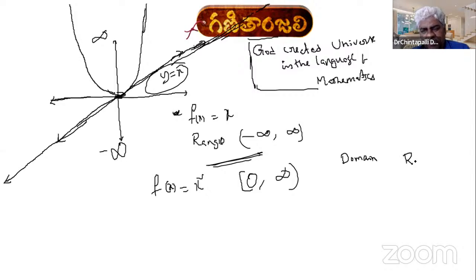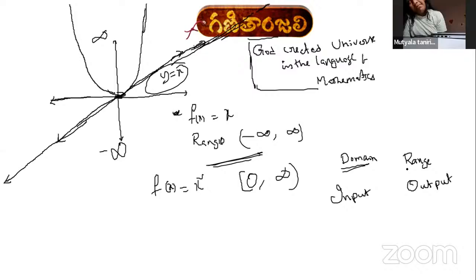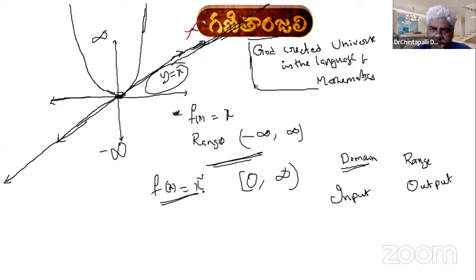To understand what is range and what is domain, I am giving you simple words. Domain is input. Range is output. What are the inputs of x square? That means what can we write in the place of x?